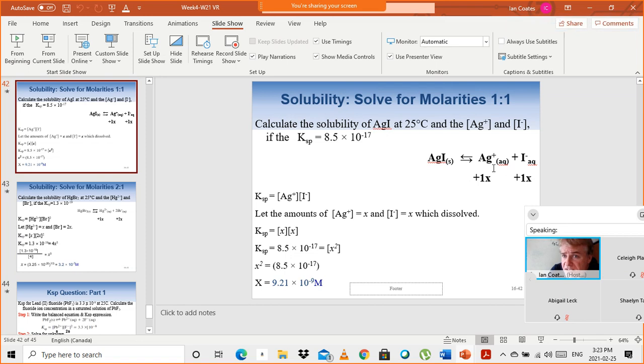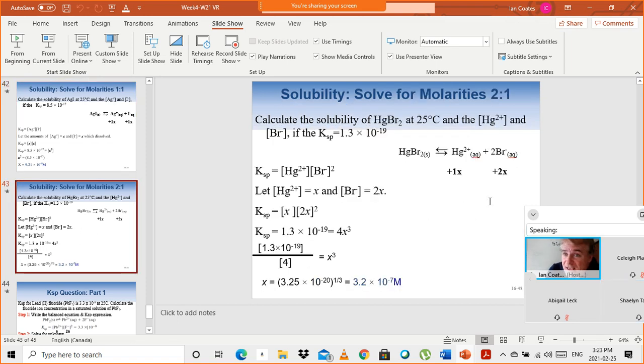So they're both the same. So they'll end up being X and X. But if you get 2, you do the same thing. You've got X, 1X, but here you've got 2X. That's just the way it goes.